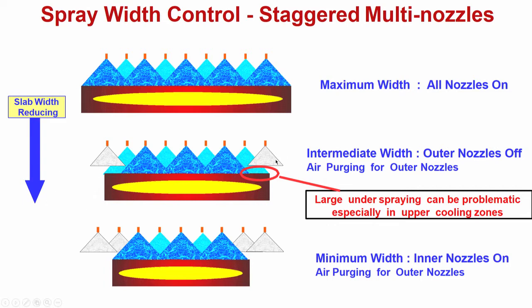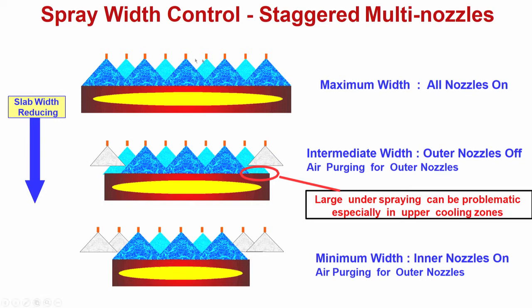Now in such a case, if you have stopped using the two extreme nozzles, sometimes it can create underspraying. What does underspraying mean? The amount of spraying we are doing is relatively less. What I have told you is we are using staggered multi nozzles, one layer of nozzles here and another layer just behind it, and all together we are putting a lot of water.